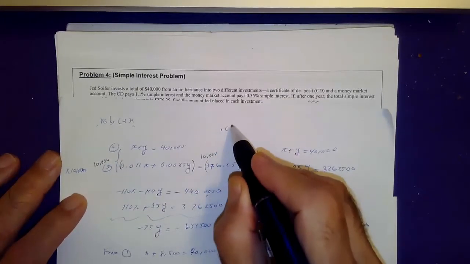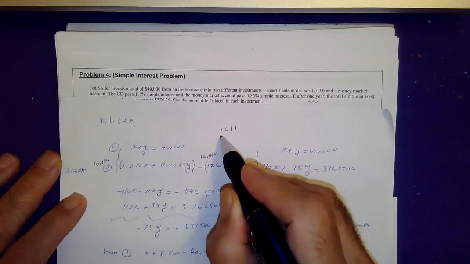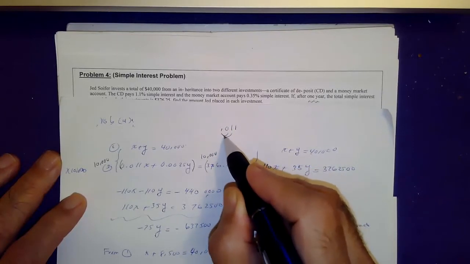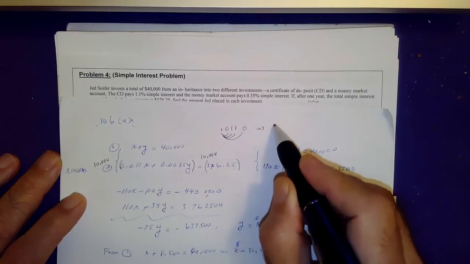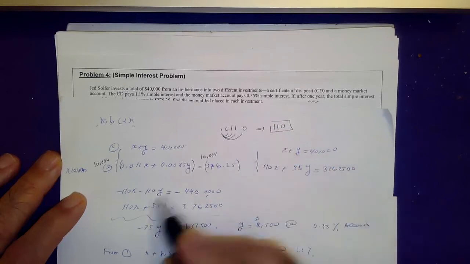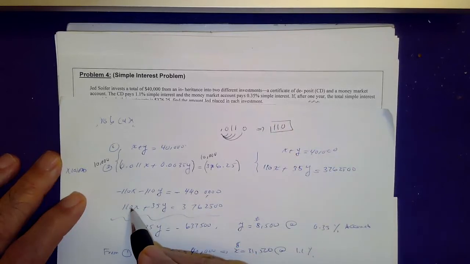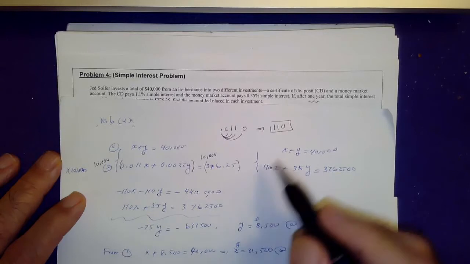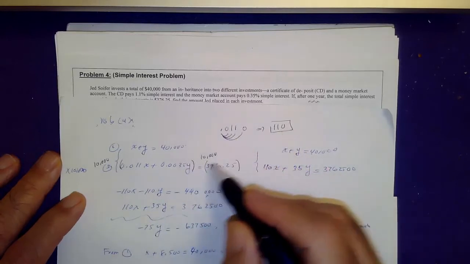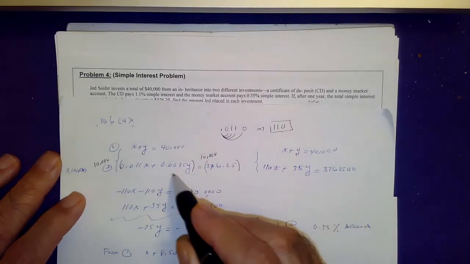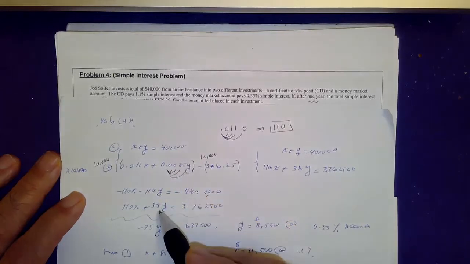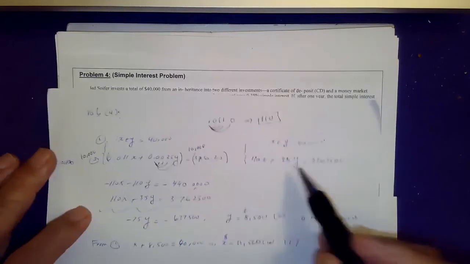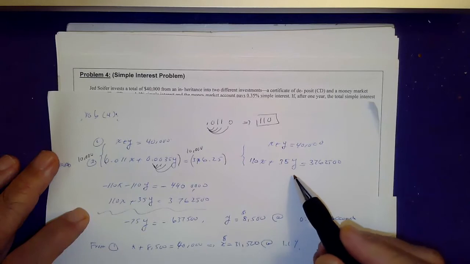So notice if I have 0.011, so 1, 2, 3, 4, I have to add 0. So what's going to happen is I'm going to get 110, and that's what this is. Do you see it? So that's what 10,000 does to the decimal points. It moves the decimal point 1, 2, 3, 4. So that becomes just 35y. So this is what you get after you clean up the decimals.